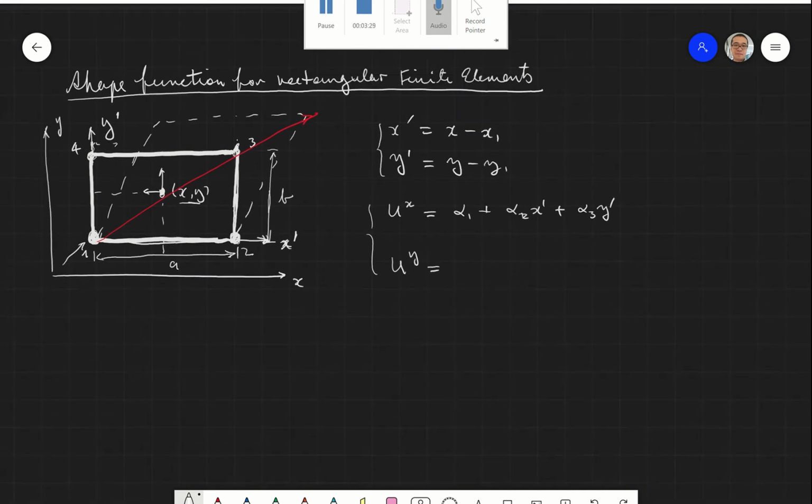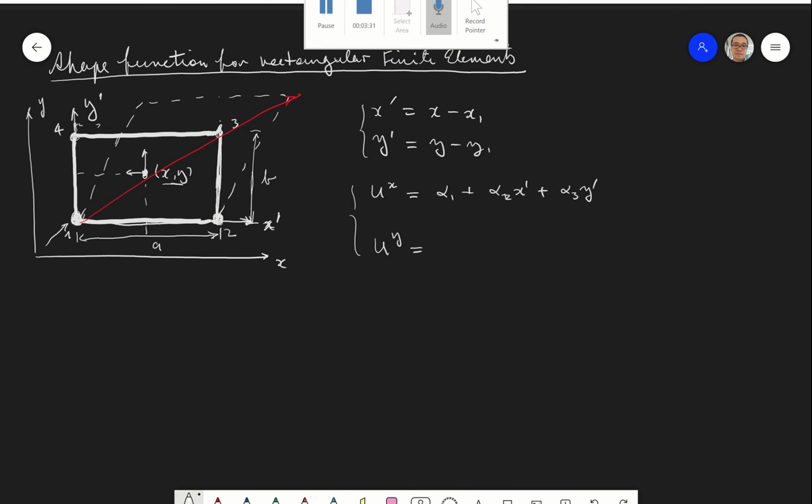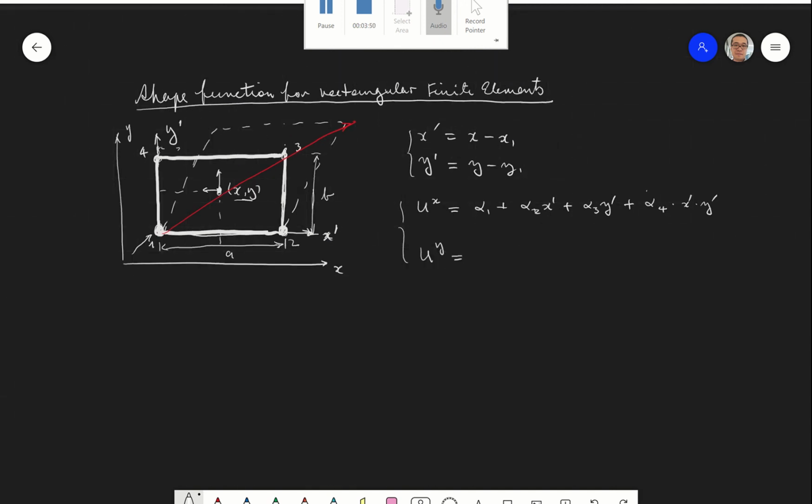To take that into account, we will have a second order term here, which is the product of x prime and y prime. Okay, that's how we incorporate this kind of deformation. So here we have a second order term.